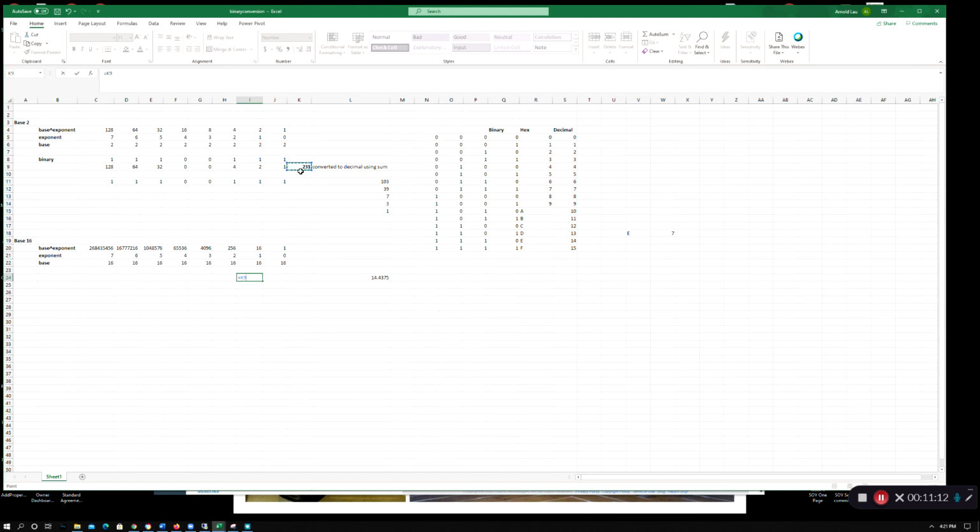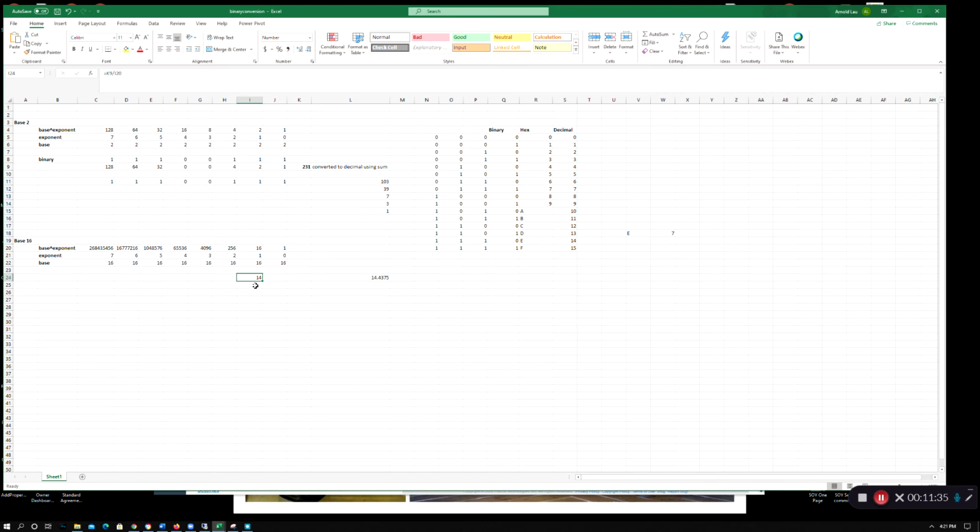So I take the 231, which is this K9 cell, and I divide it by this 16 here. Okay, so this cell is 14. 231 divided by 16 is 14 point something, right? You can see 14.4375 here. I just round to 14.